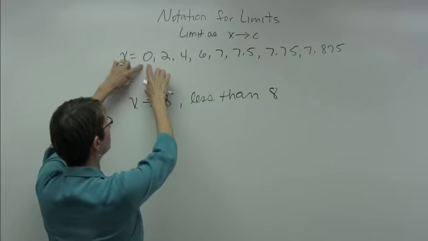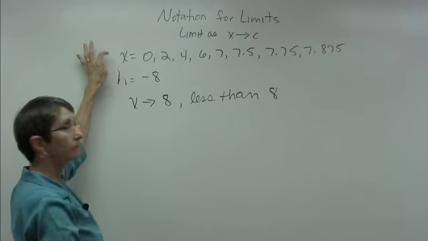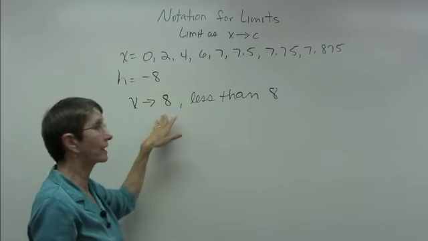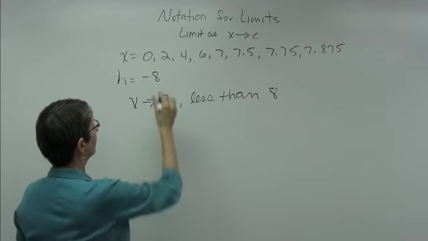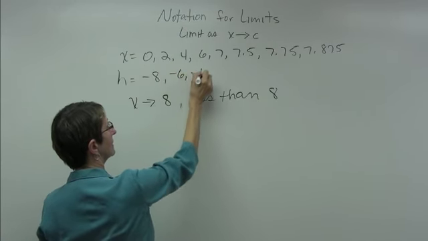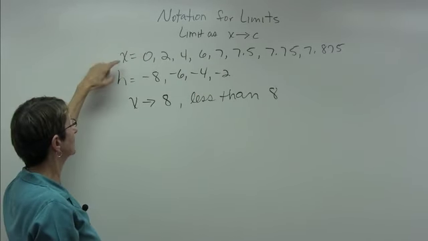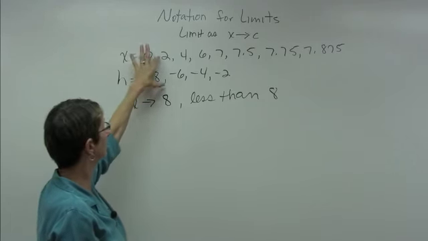And so my first h value, if I'm at 0, would be -8, because then I have x plus h gives me what I'm approaching, 8. And then for 2, it would be -6, and then -4, -2. These are the differences. h is the difference between x and the number we're approaching, our c value.